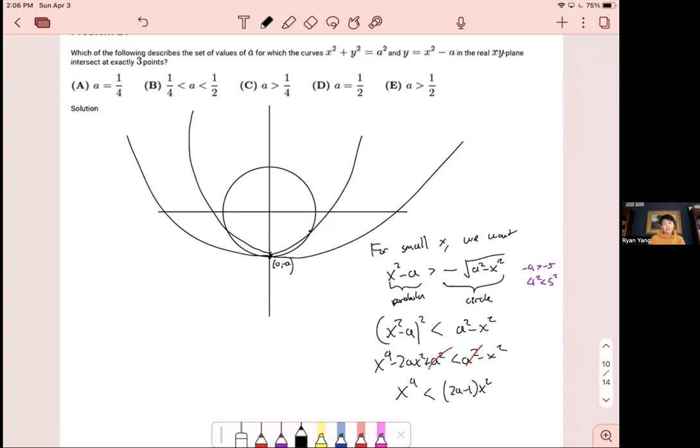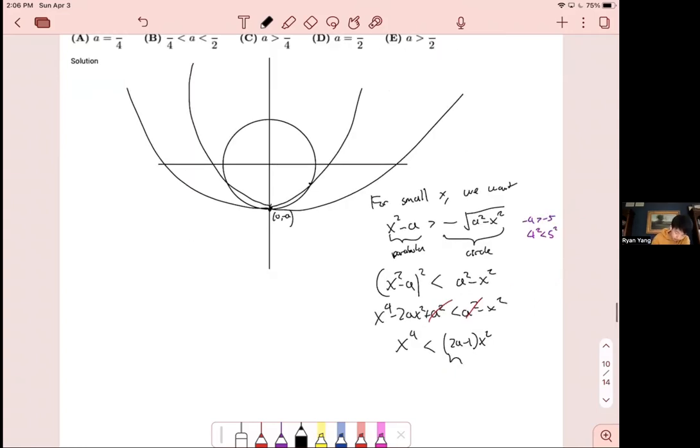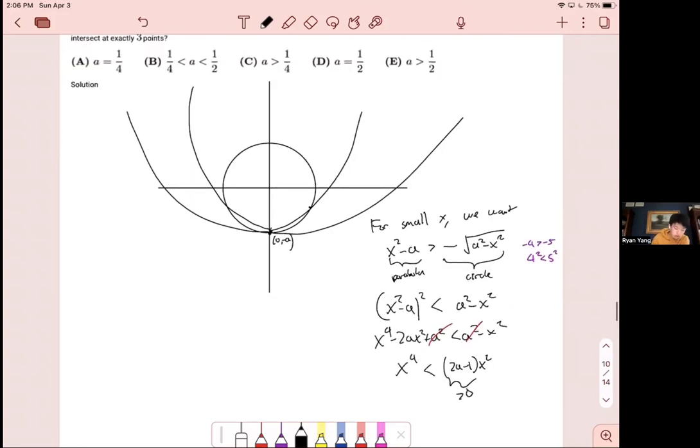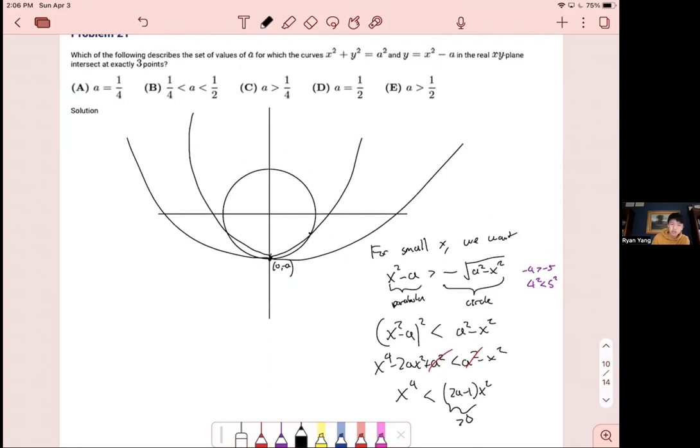And so for sufficiently small x, like when we've just left the origin, x to the 4th is much smaller than x squared. So our main problem is that we have to have that 2a minus 1 is greater than 0, and then we're good. And so if we want 2a minus 1 to be greater than 0, we need to have that a is greater than half. And look at that, that's option E.